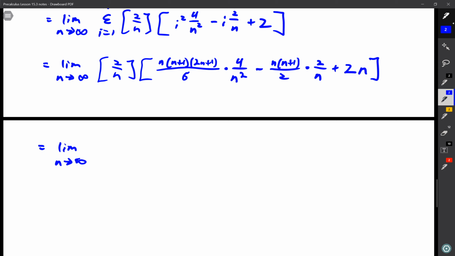The limit, I'm going to leave this 2 over n out maybe one more time and get all of this simplified.